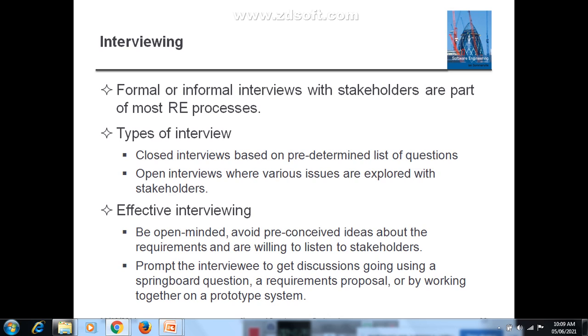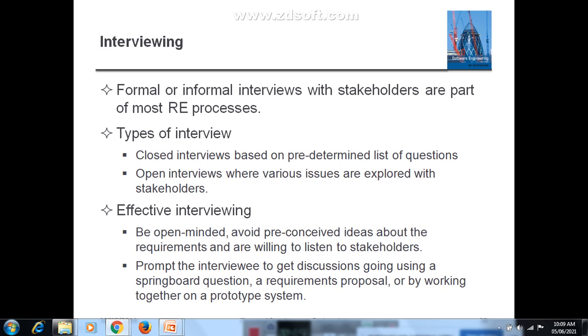Because they have come up with some ideas, some requirement, they may be trying to convince all the stakeholders of it in advance. That should be avoided. Along with that, they should be willing to listen to the stakeholders.